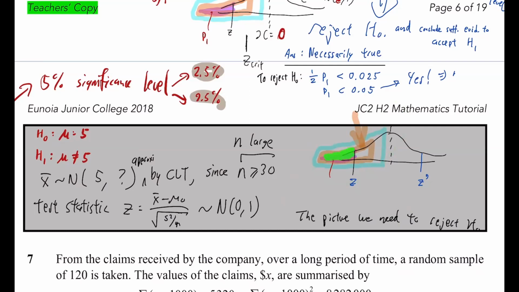The purple area here, does it change if the Z doesn't change? No, it doesn't change. So that means by symmetry, because of the two-tailed test, the right tail will also have that same area.